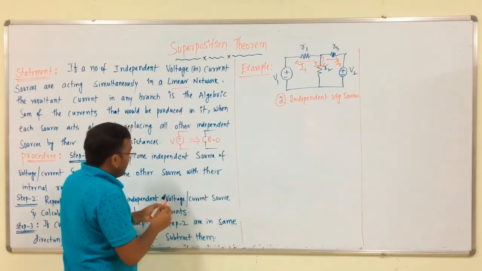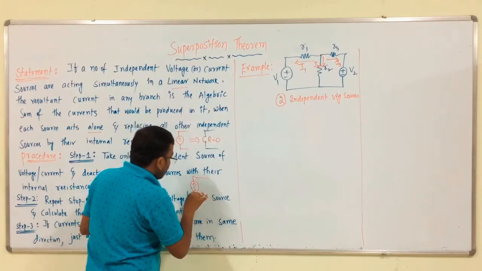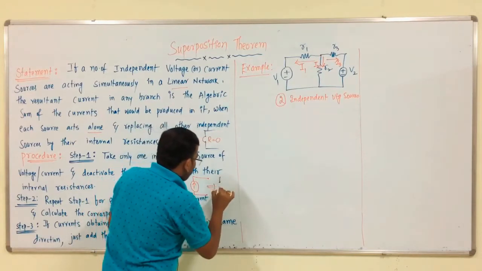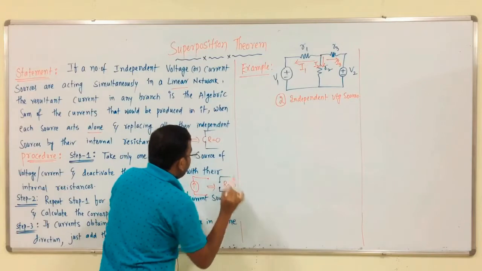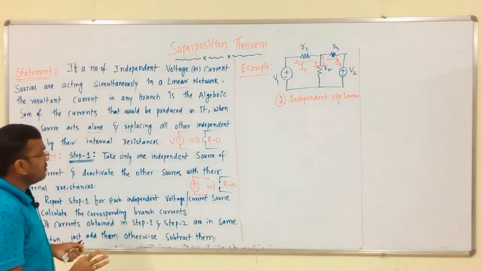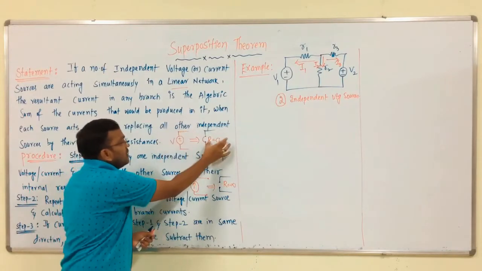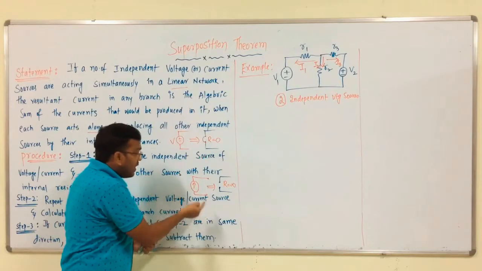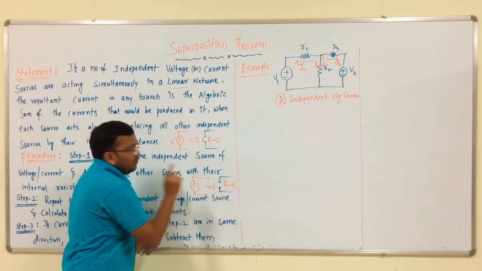Like this, for an independent current source, R is equal to infinite. So, we have to deactivate a voltage source with its internal resistance, meaning short circuited, or deactivate a current source with its internal resistance, that is open circuited.